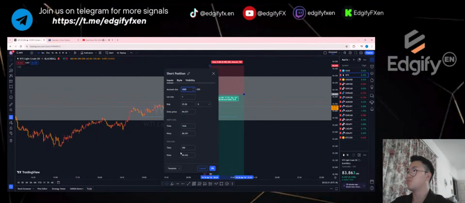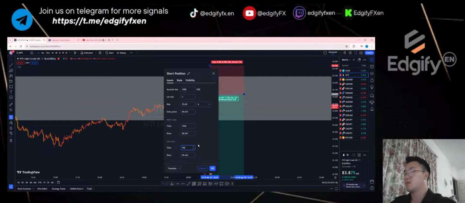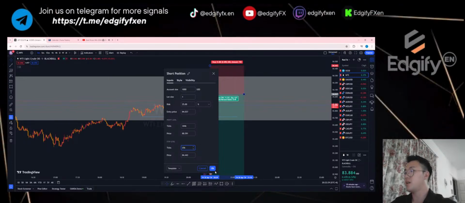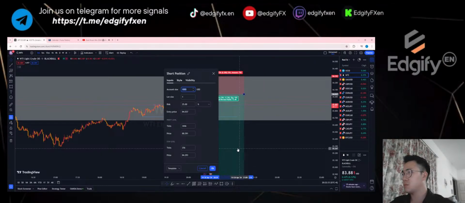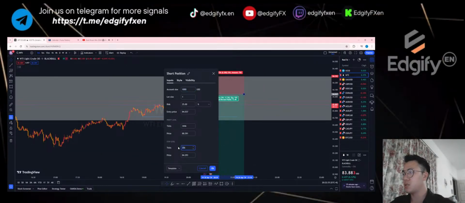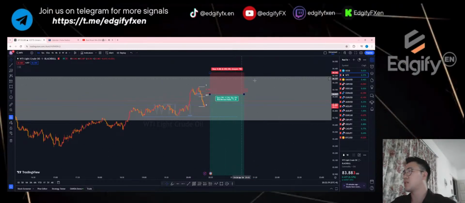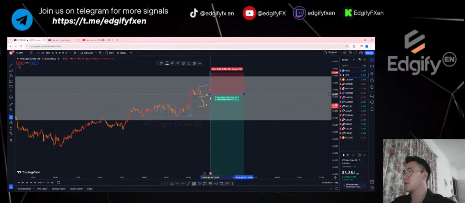I'm giving additional, it's too much. Initial is a 10 pip stop. Okay, I would give it a total of 25, additional of 15. Which is, if we're going to equalize it to 30, just enough room to breathe, and also just covering the top of the zone. All right.